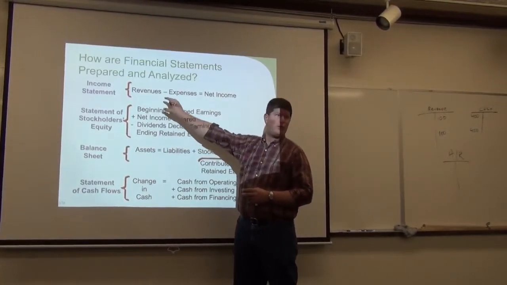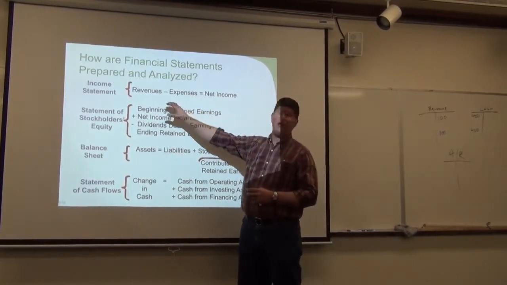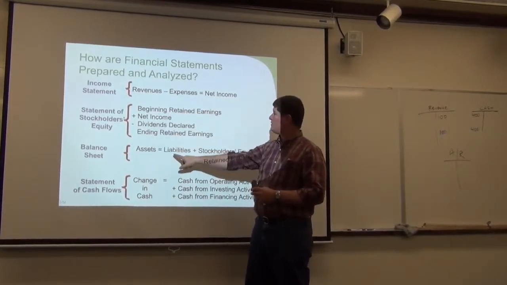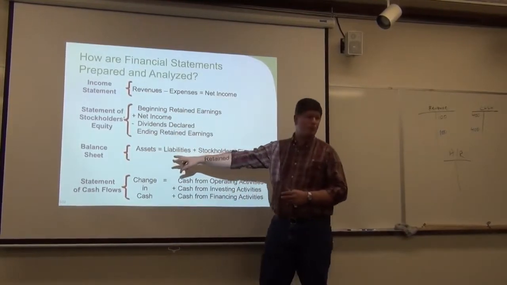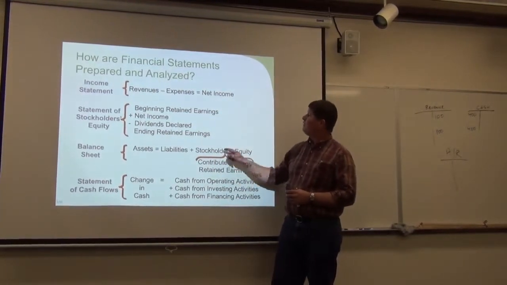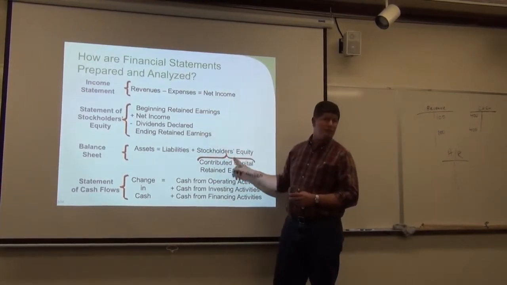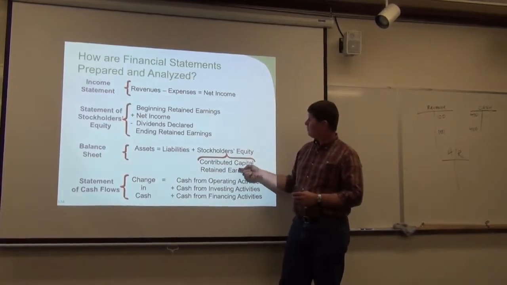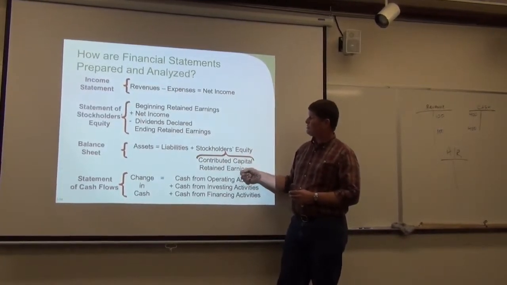What you paid for the common stock goes in there as well, but it's its own account, not retained earnings. The balance sheet is prepared third. Assets equals liabilities plus stockholders' equity, which you need the ending retained earnings to complete. Stockholders' equity is the contributed capital plus the retained earnings.